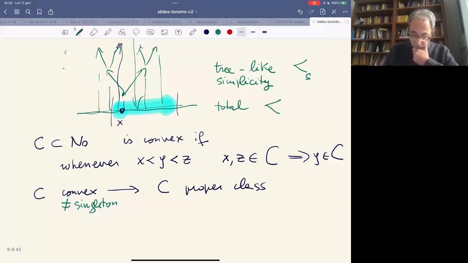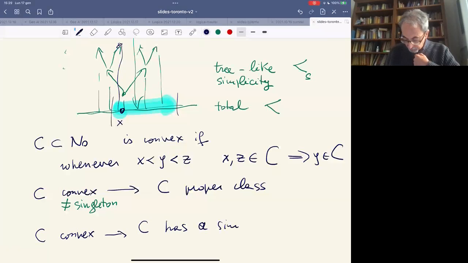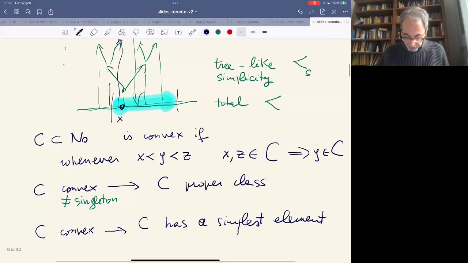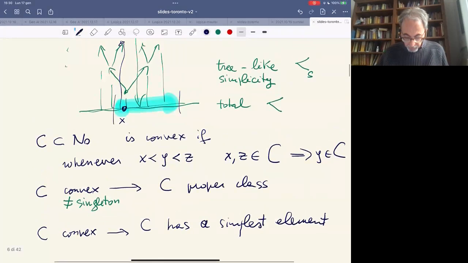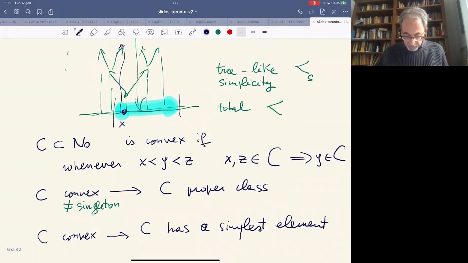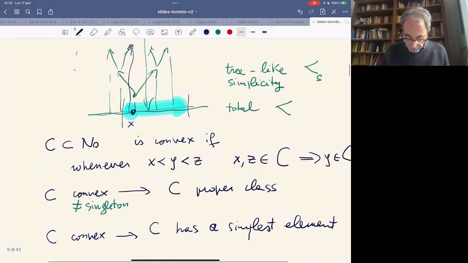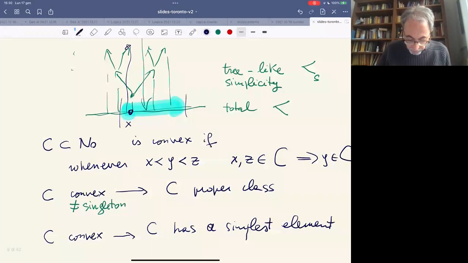Okay, and another important fact is that if C is convex, then C has a simplest element. So, for instance, let me draw something similar to this.